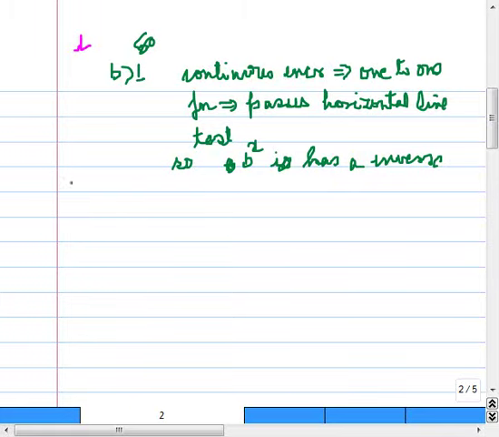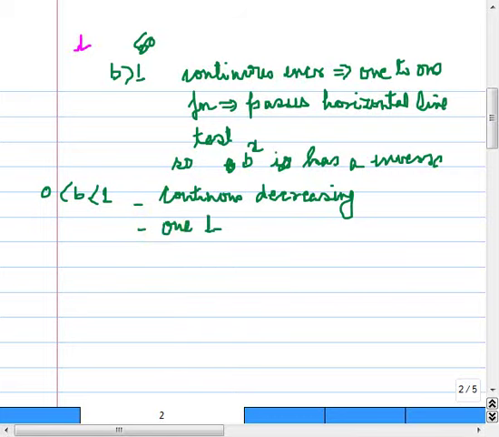Similarly, between 0 and 1, the function is continuously decreasing, so it is a one-to-one function. I will not give the definition of one-to-one; you can see the chapter on inverse. One-to-one and passes the horizontal line test, so the inverse exists.